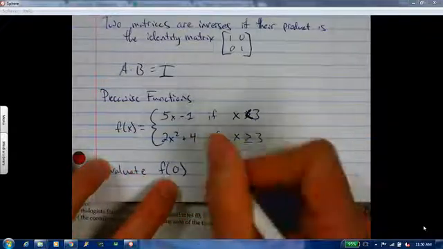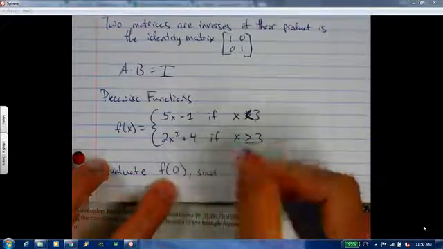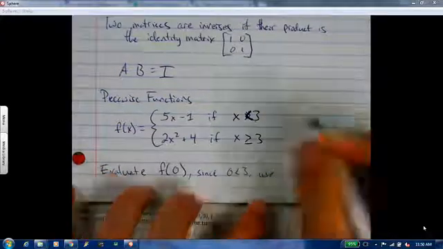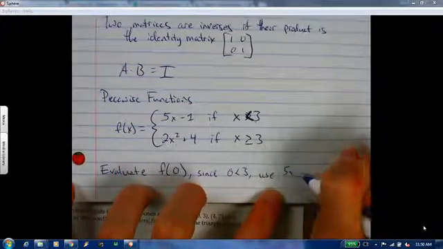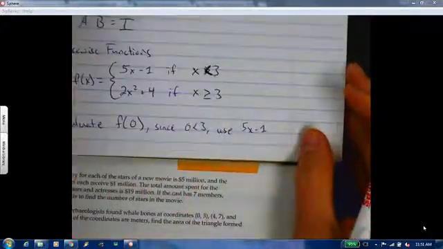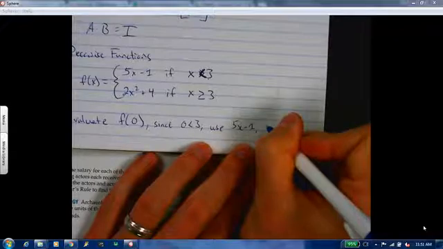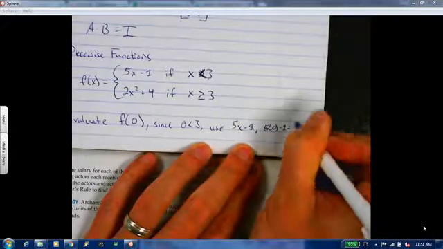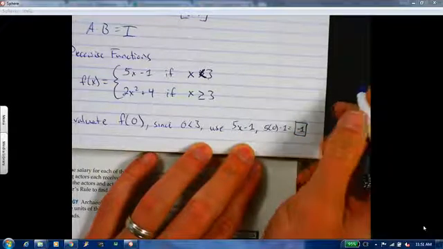So since 0 is less than 3, we want to use 5x minus 1, and we're going to plug in 0. So 5 times 0 minus 1 is negative 1. So that is the answer. The answer will be a number.